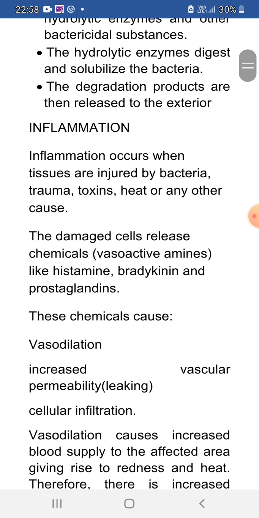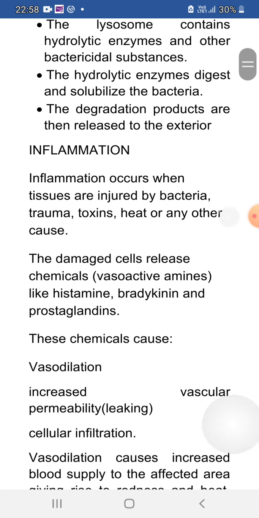Inflammation results when body tissue is injured. The injury can be by a cut, a hit by a blunt object, by toxins, those are poisons, by heat, being burnt, or by infectious substances, like bacteria, when they infect.